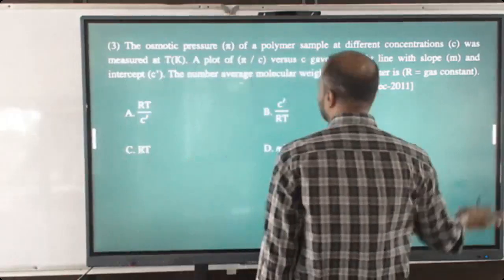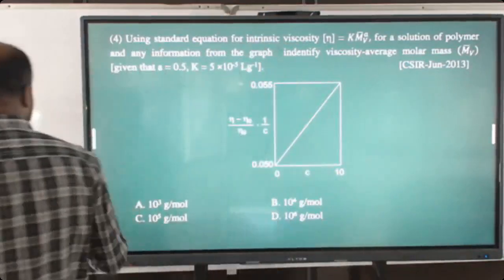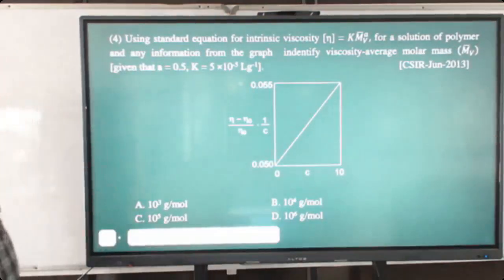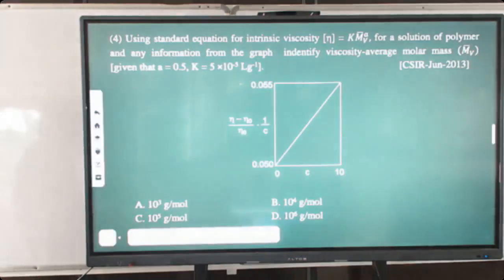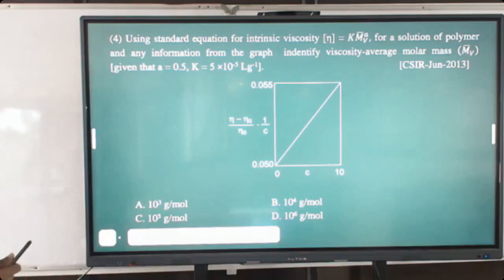Question number 4. Using the standard equation for intrinsic viscosity eta, which is K into Mv raised to a, for a solution of polymer and the information from the graph, identify the viscosity average molar mass.